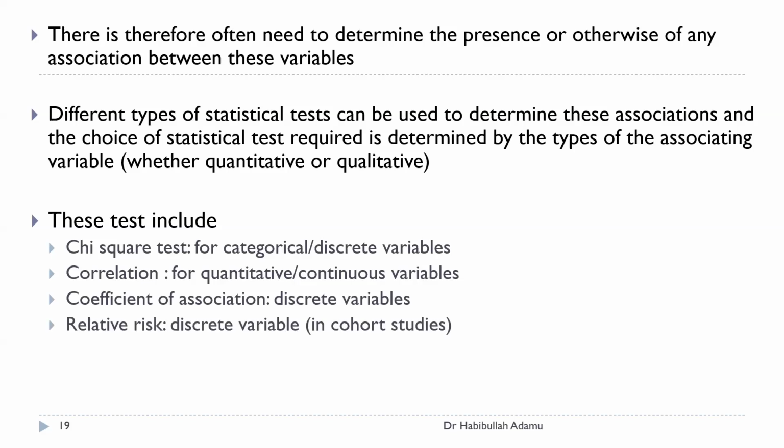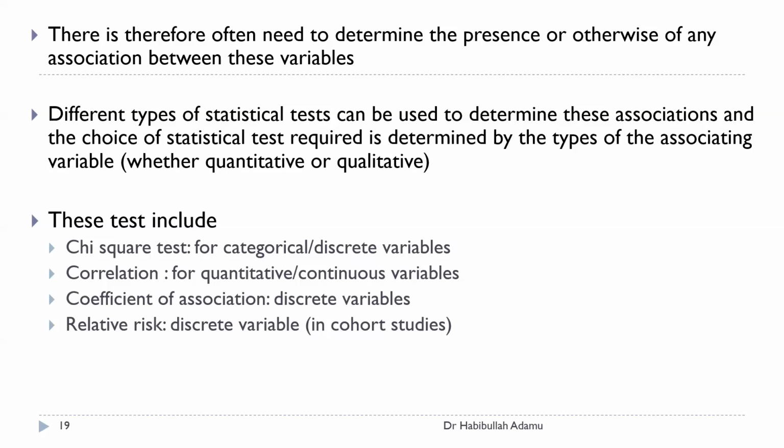Relative risk can also be used to test whether there is association or not, especially if you are doing a risk factor study. You want to determine risk factors for certain disease. So the first thing to do is to see whether that factor is having even any association with the disease.